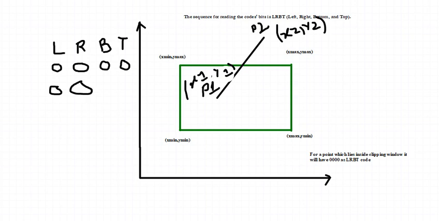Is it at the bottom of the clipping window? No. y2 is not less than y min, so B code is 0. But if you look for the T code, now it is going to be 1. Why? Because y2 is greater than y max. It is at the top of the clipping window. So for a point which is outside your clipping window, this condition will not hold.